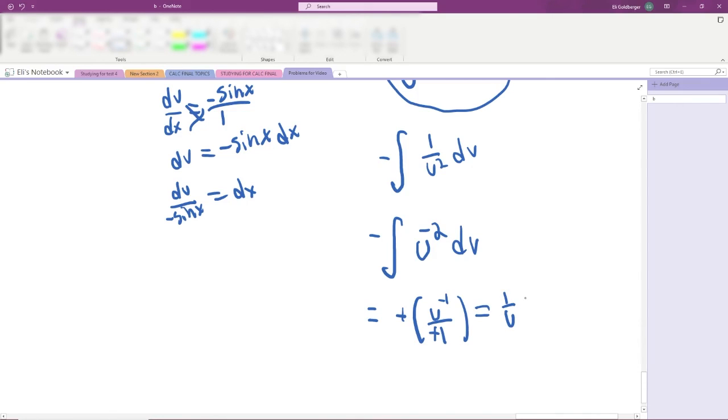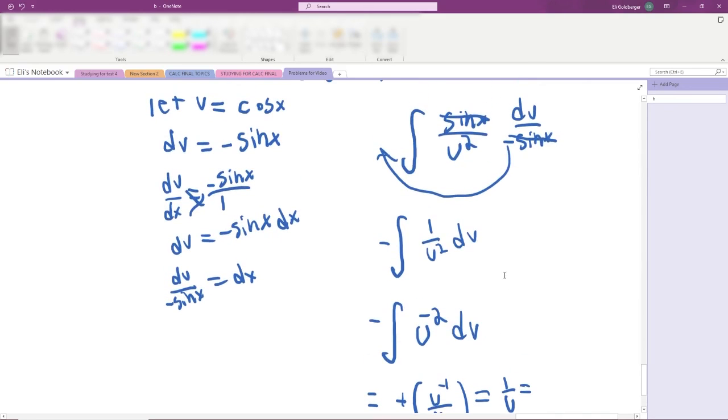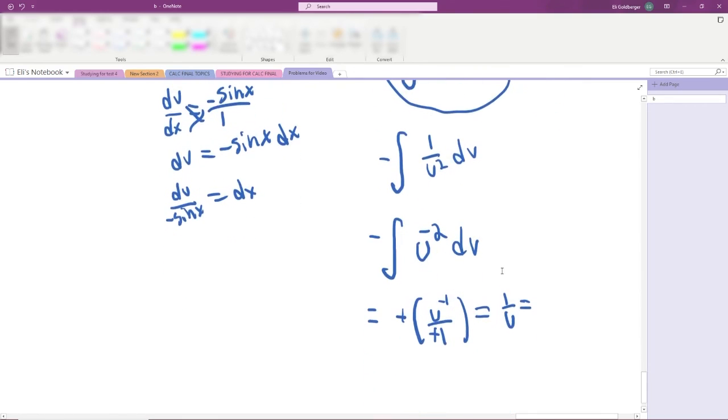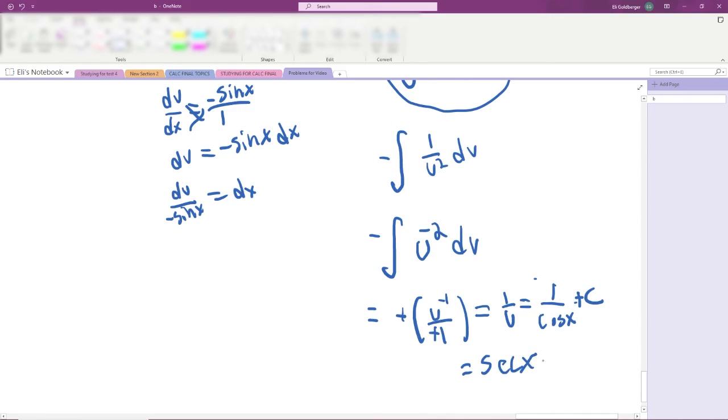Then let's unsubstitute our u, and our u is cosine of x. So 1 over cosine of x plus c. That's our answer, but you can also simplify to secant of x plus c.